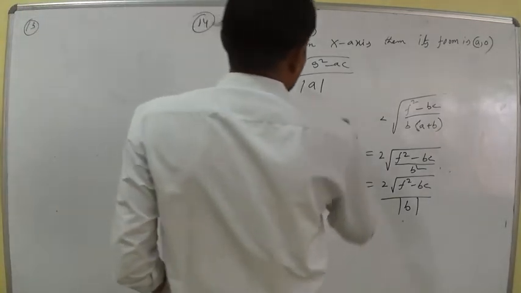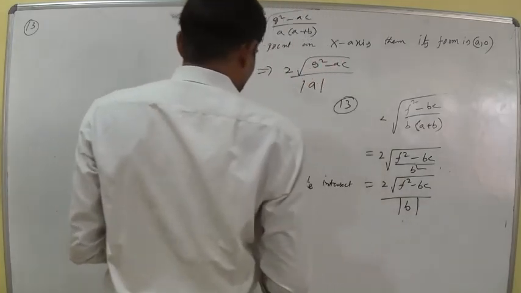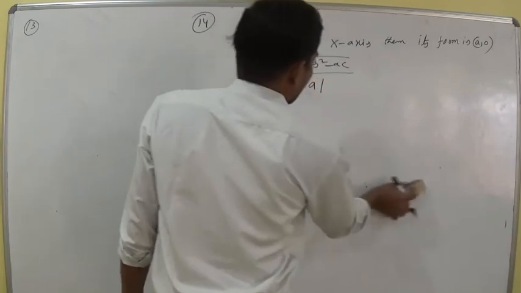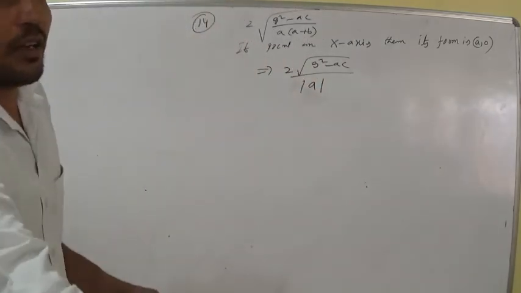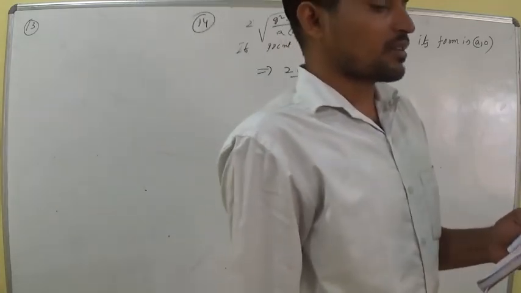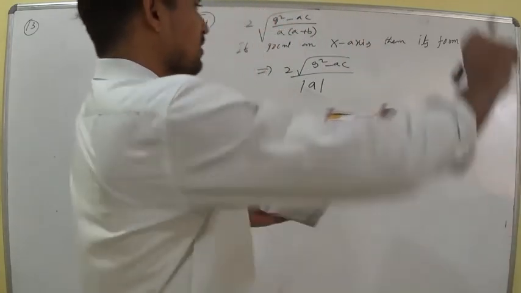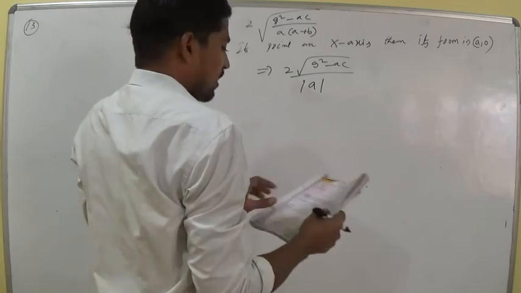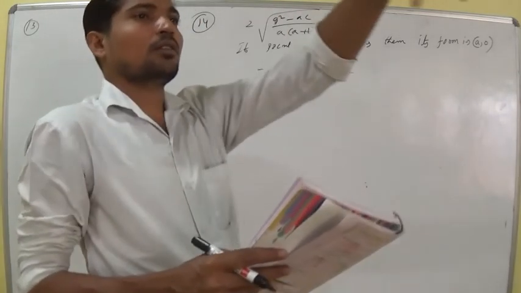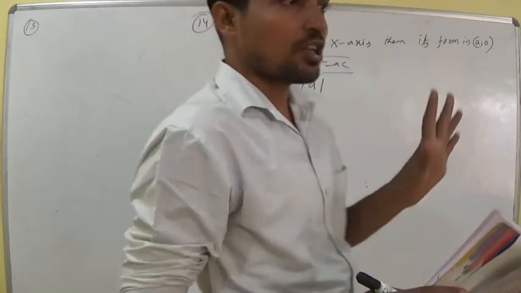This is the 13th problem, right? And he has given an equation also for that. What is that? The length of the intercept on the x-axis cut by the pair of lines. So this value has been given there. That we have to use, with this formula, to solve problem 14.